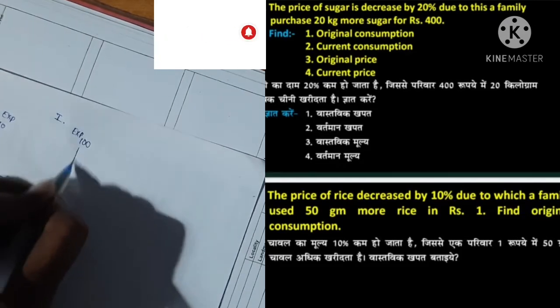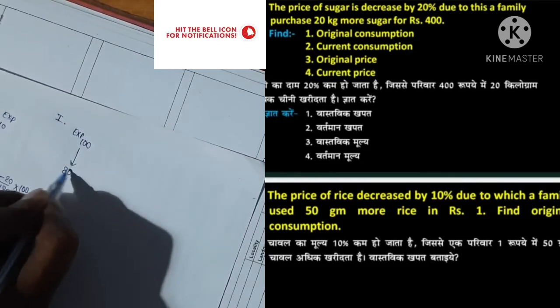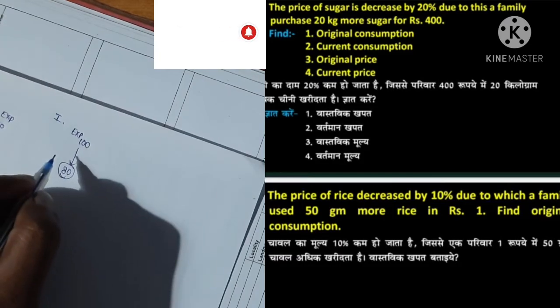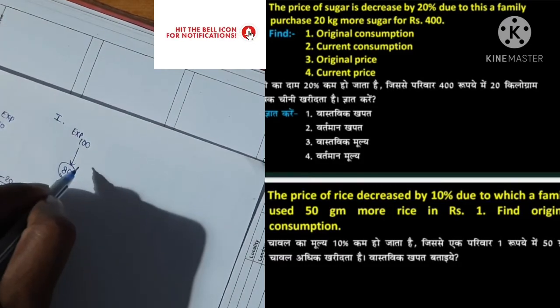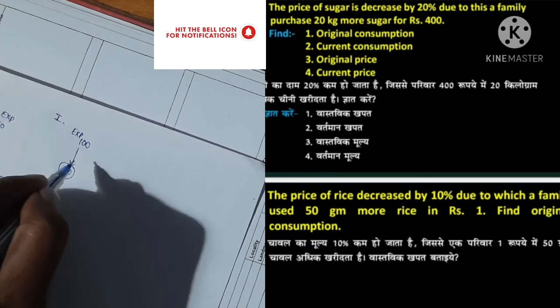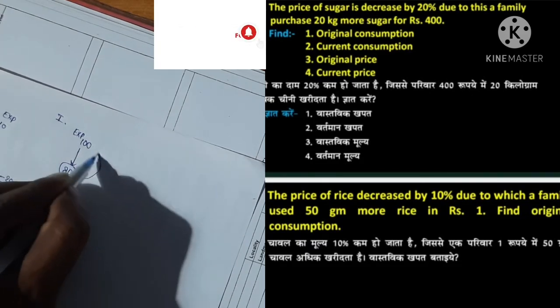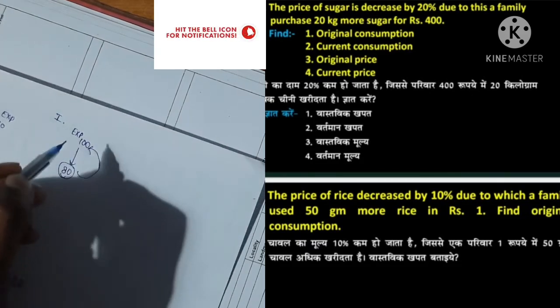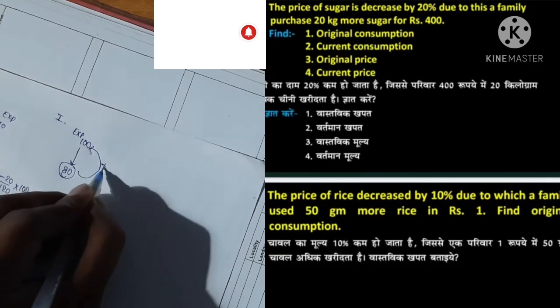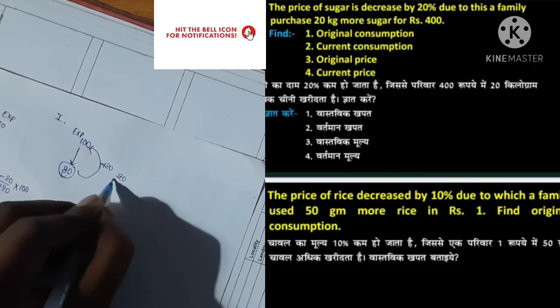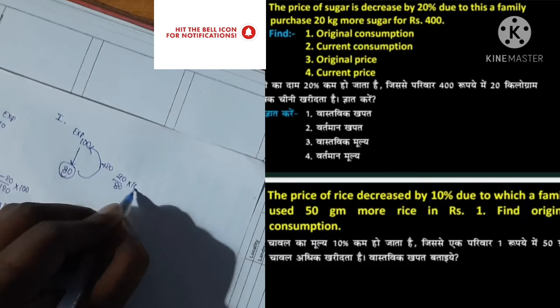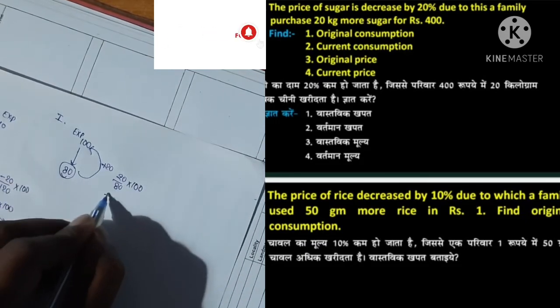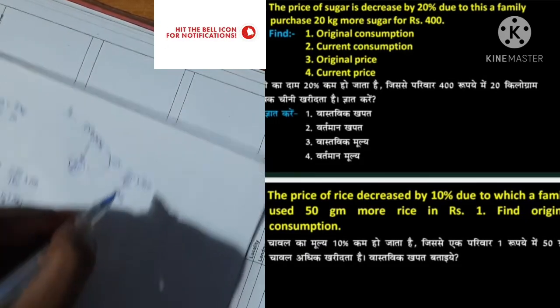If it is decreased by 20, that means 80. So due to this, family purchases 20 more kgs. So increased percentage, it is increased by 20. So 20 by 80 into 100. So value is plus 1/4.